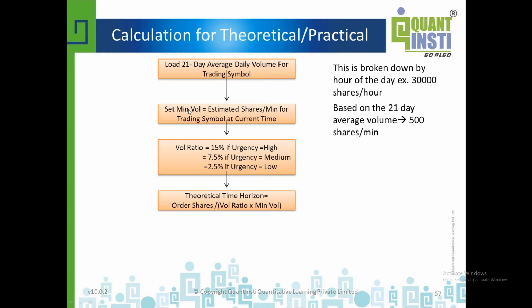Now, how will you calculate the theoretical time horizon? This is basically the time needed to execute this order completely: how much time will I need to sell off these 10,000 shares?